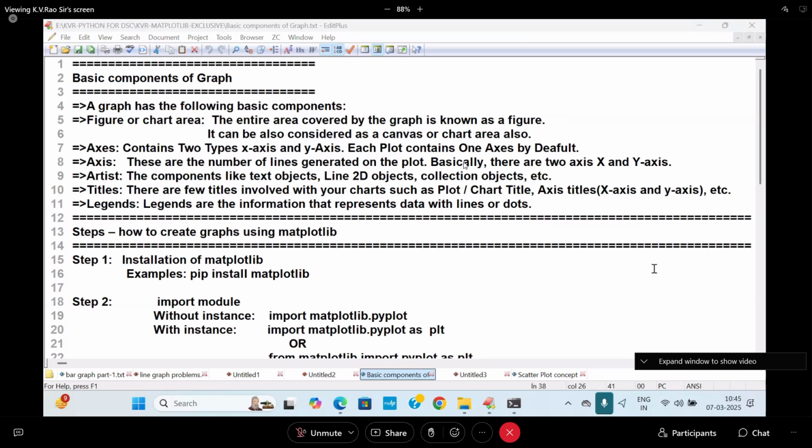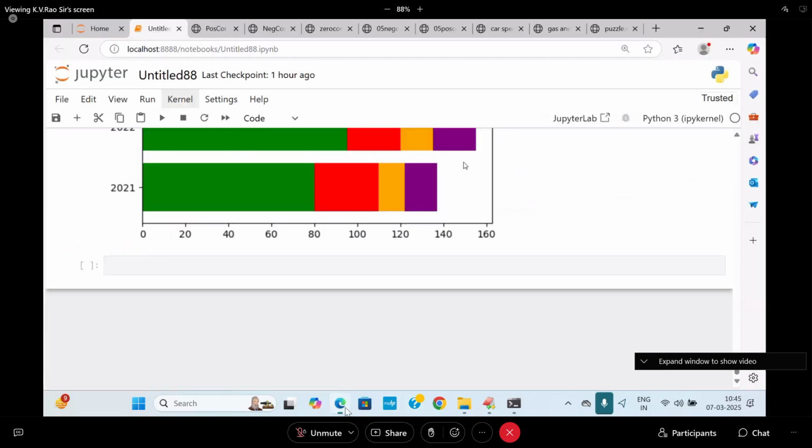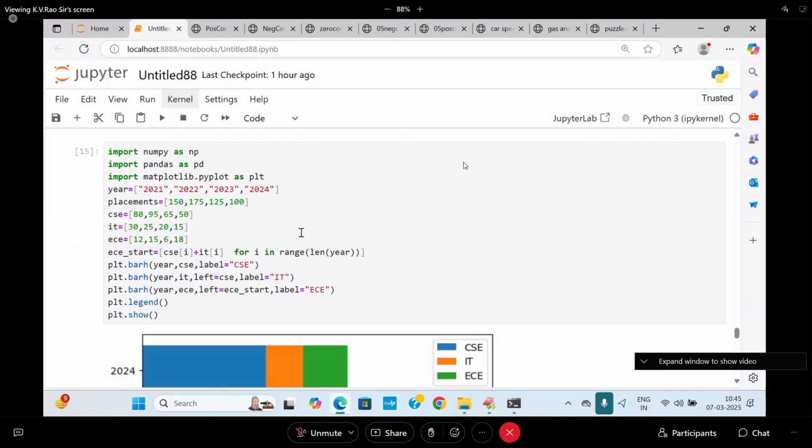Students, any more doubts you have? And all of you practice this type of diagram. It's a very important diagram, students. This scatter plot, you go for it.